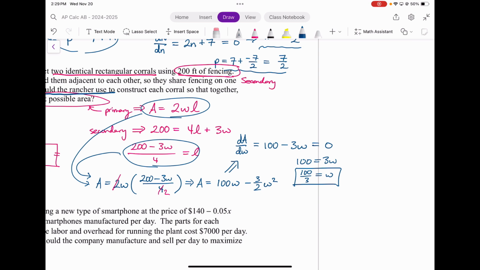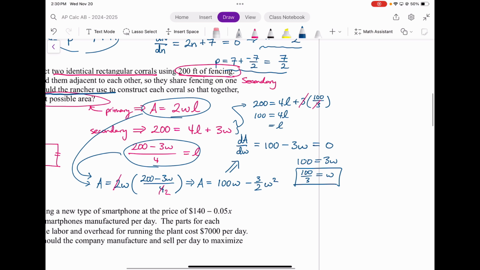To find the length, we would just plug it into the constraint. So take the constraint. 200 has to equal 4L plus 3 times 100 over 3. And it looks like the 3's cancel. Subtract the 100 to the other side. So you get 100 equals 4 times L. And this means that L equals 25.